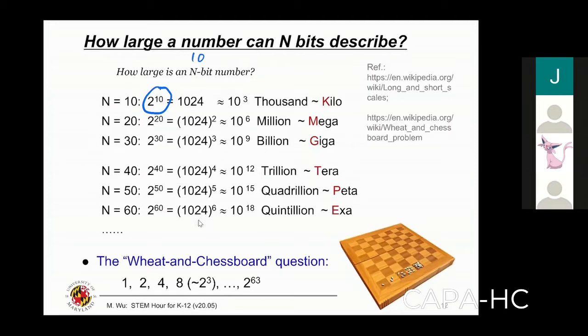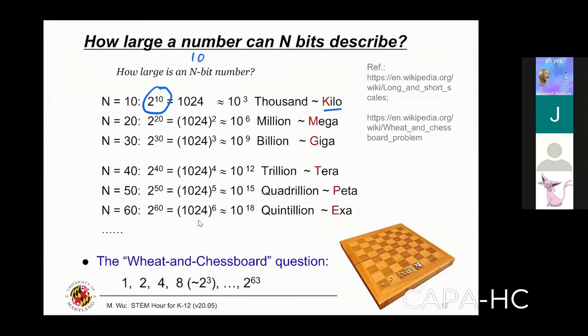If you do the calculation, this is just over 1,000, 1,024. I know my friends have learned in school to make an approximation, so this is roughly about 1,000. And when we use this to discuss, say, 1,000 grams or 1,000 meters, we call them kilo.